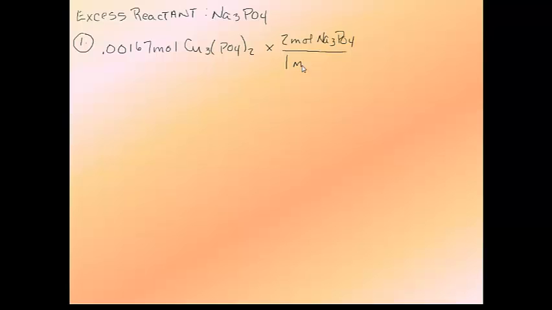First step, how much sodium phosphate did I use to make the 0.00167 moles of precipitate? I'm going to do stoichiometry, and it's 2 moles of the sodium phosphate needed for every 1 mole of the copper phosphate solid. And I do that math.